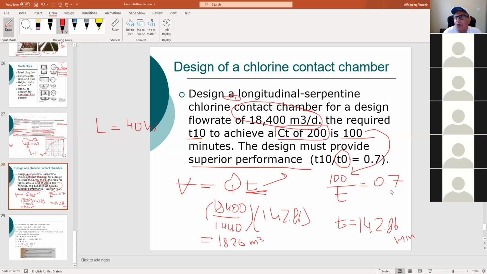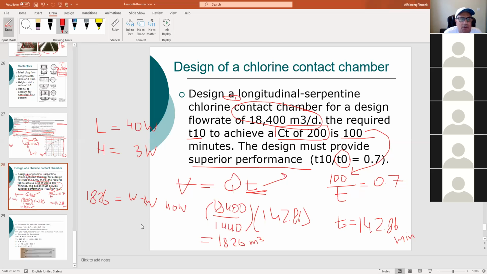It's going to go down maybe, all right? And what did you use for the height? Also 3W. Yeah. This makes it easier to work with W alone, all right? So this volume now, 1826, is this what you said? It's going to equal W times 3W times 40W. Is that correct?